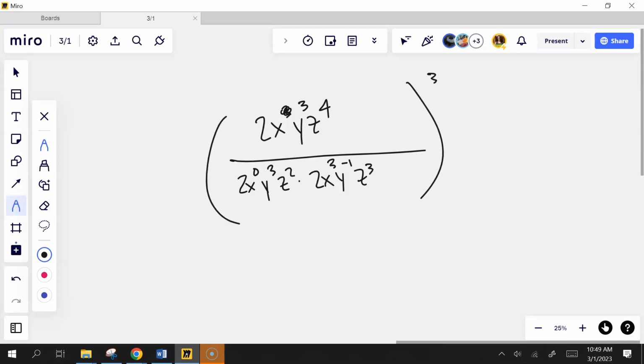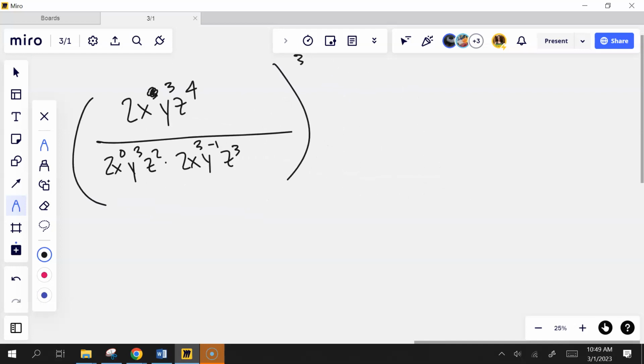Let's clean it up inside first. We'll do the bottom. We'll leave the top alone, just for the time being, and I'm gonna do the bottom. I've got a 2 and a 2, which would give me 2 squared. X0 is just gonna go away because that's times 1.